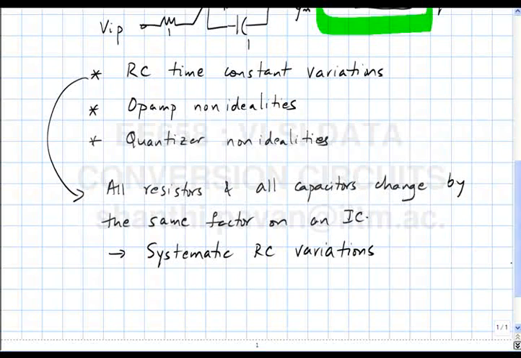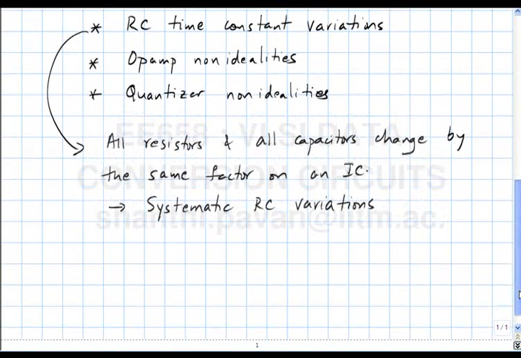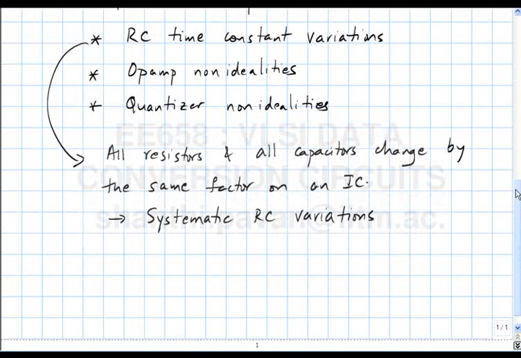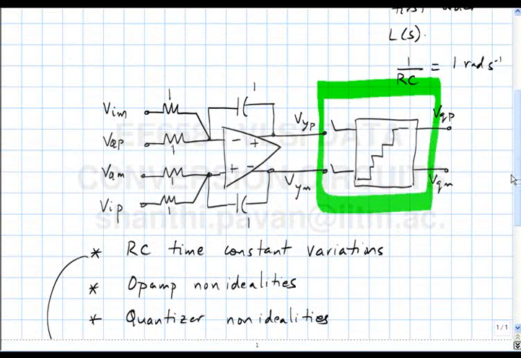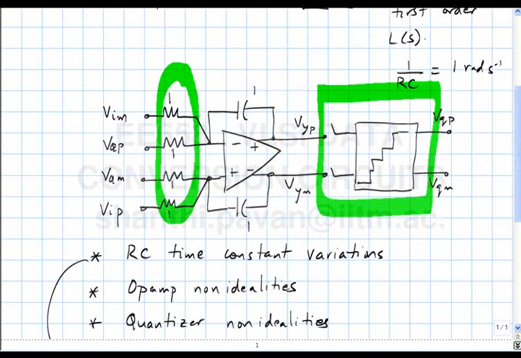Okay. So now, can you tell me what happens when all the R's increase? Capacitors are all ideal and equal to 1. Let's say all resistors increase by some factor. Let me call that factor K. In other words, instead of these guys being 1, they all become K. Yes, the gain of the integrator changes.